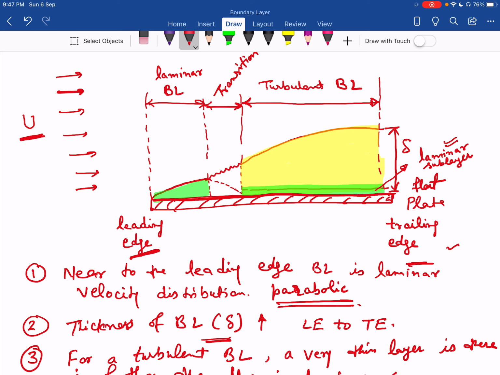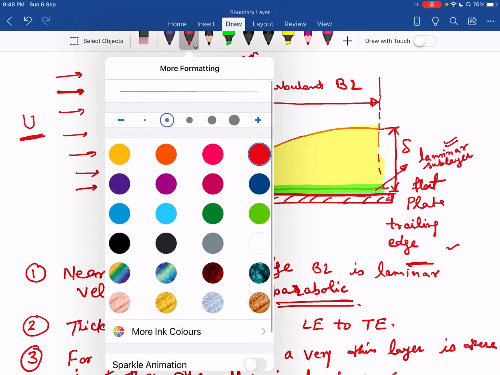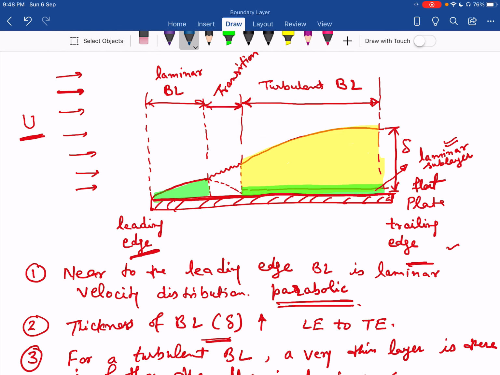If I see the laminar part of this boundary layer and move in the vertical direction, the velocity of this layer is almost zero. As we move upward, the velocity goes on increasing.